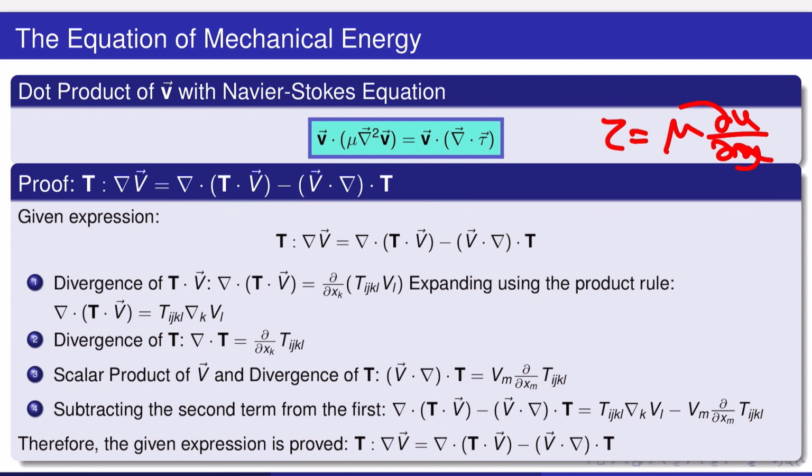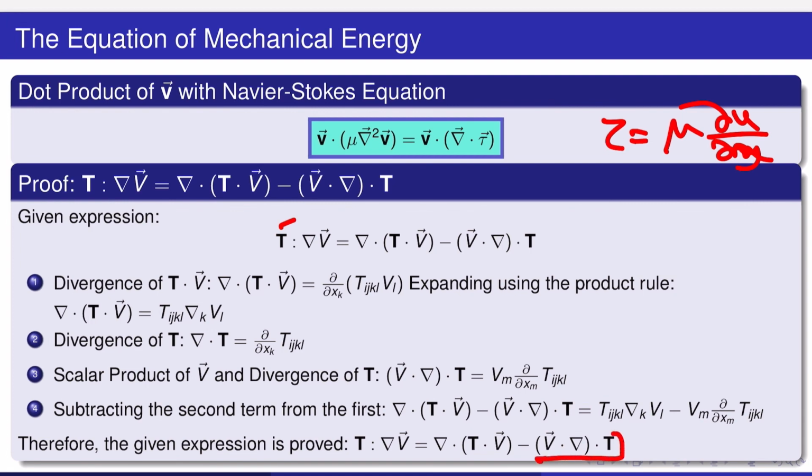So we can write this term as nothing but v dot del dot tau. So now from this identity we can write that tau double product, that double product del dot v, is nothing but this. Okay, so now we are doing this.